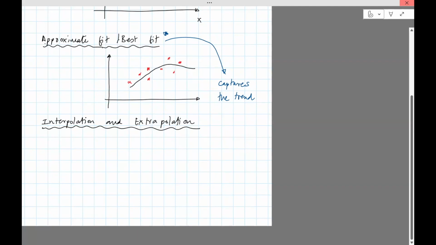For example, if you knew the temperature in this room at 10 o'clock, 11 o'clock, 12 o'clock, then you can predict from that data what would be the temperature at 10:30, 11:30. That would be an interpolation. However, if you're trying to predict what would happen at 1 o'clock when you had only data from 10 to 12, that would be an extrapolation. And so both those things are clearly important.